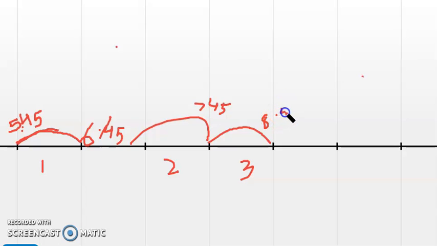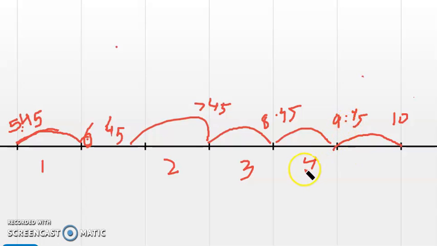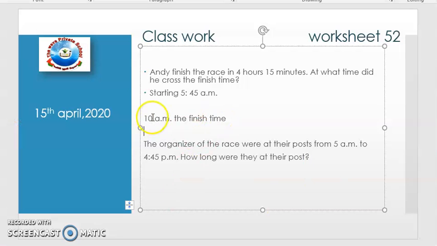And then from 8:45 till 9:45, 4 hours. So it means 4 hours are finished. Now we need to add 15 minutes. From 9:45, if I add 15 minutes more, it will be 10 o'clock. So my answer is 10 o'clock. The finish time of the race is 10 o'clock.